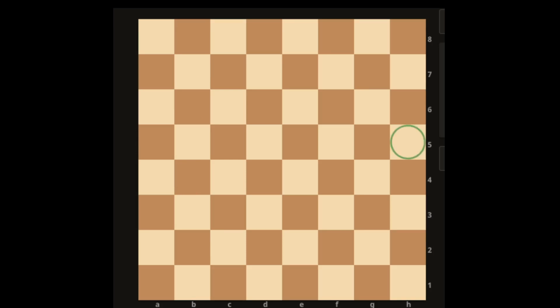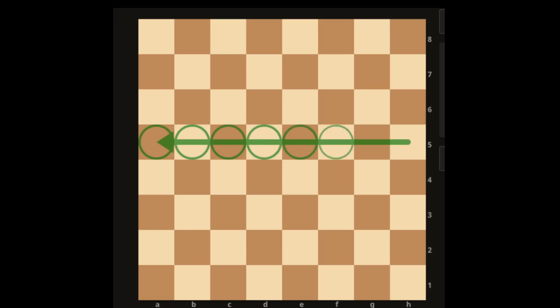Now let's do the 5th rank, and we're going to start over here on the A file. So this is A5, B5, C5, D5, E5, F5, G5, H5. And all of those squares, of course, had the number 5 in their name because they're on the 5th rank, but the letter changed because they are on different files.